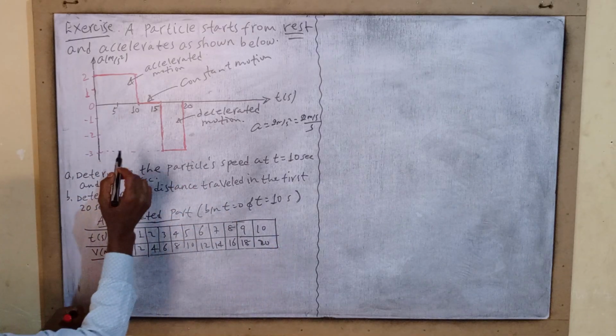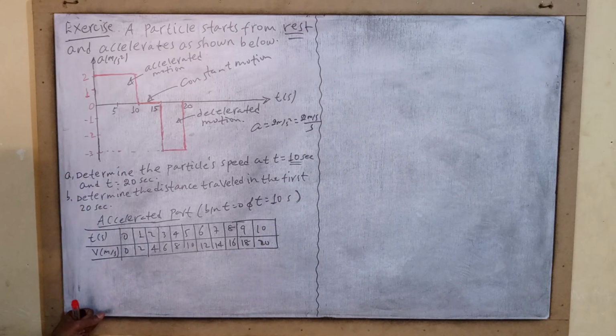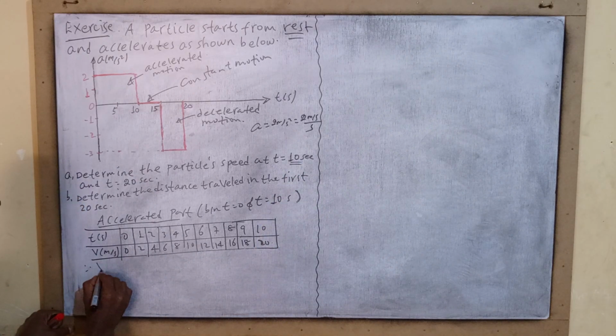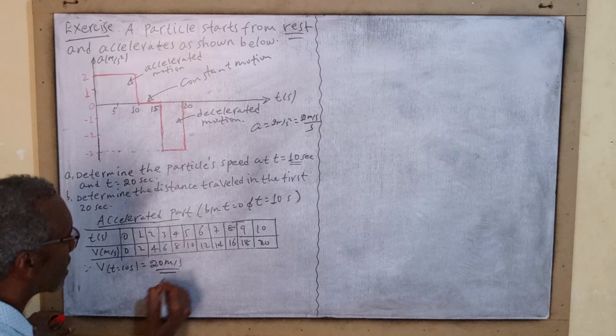The particle's velocity at t is equal to 10 seconds is 20 meters per second.